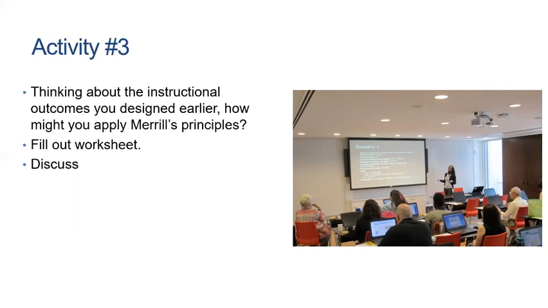I've got a space on the worksheet for you to sketch out the real world problem, how you will activate prior knowledge, and how you are going to demonstrate what you want them to learn. We're not sketching out the whole course here, just a little example for each of these. How do you think students might apply that knowledge, and how might you have them integrate?